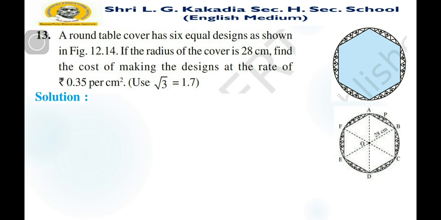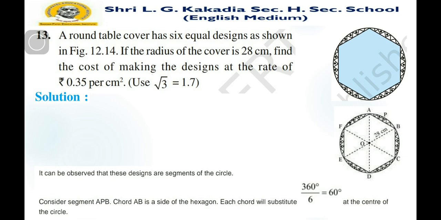If you want to find the angle subtended at the center by each chord, since 6 parts are given, we divide 360 degrees by 6, and we find the angle is 60 degrees. So each angle is 60 degrees.